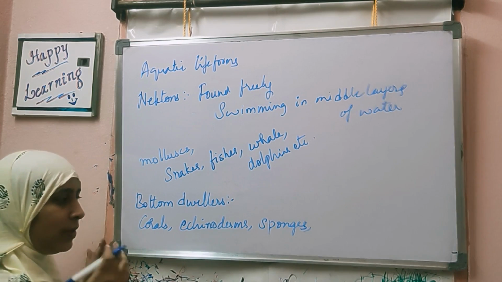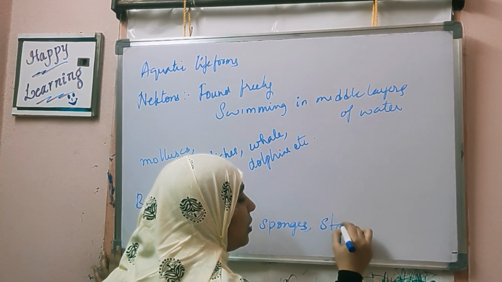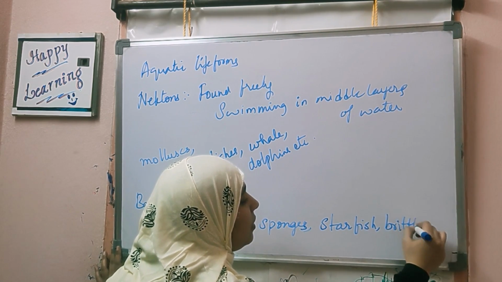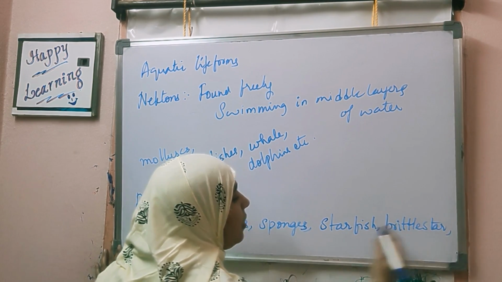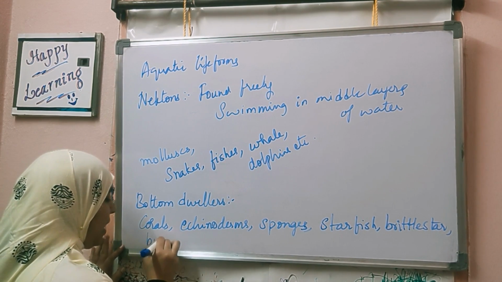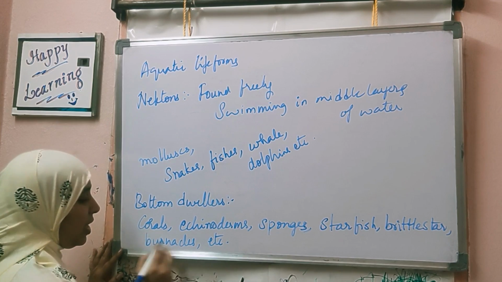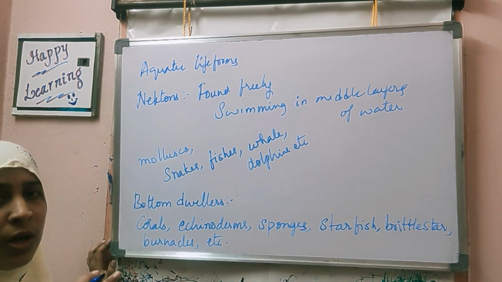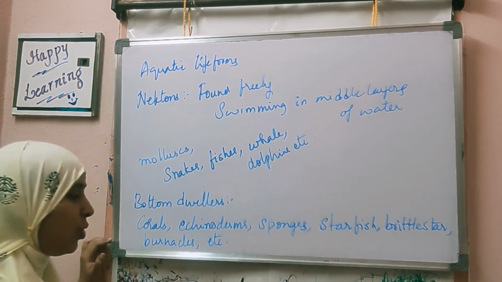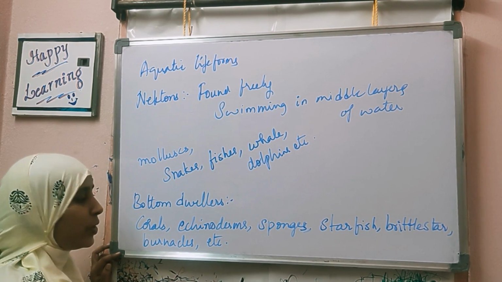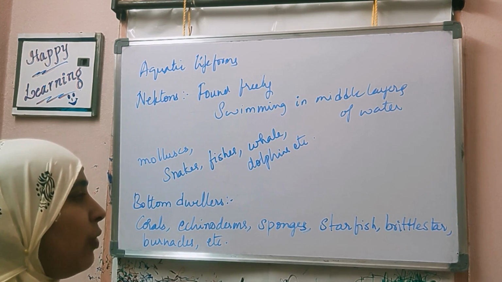Example for porifera. Starfish, brittle star, barnacles, etc. These barnacles stick to rock. These are also just like starfish, they stick themselves to the rock at the bottom. These are the organisms which dwell at the bottom.